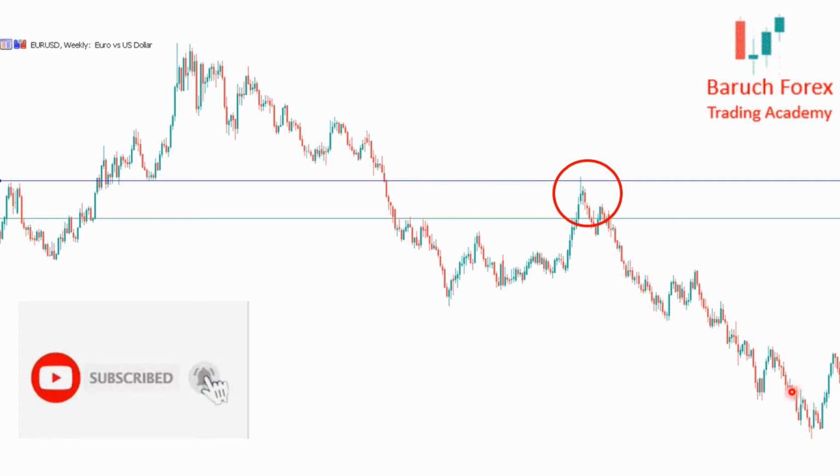But remember I told you earlier, you need to use this pin bar in the right perspective. When I say right perspective, this pin bar always goes along with a support and resistance line.